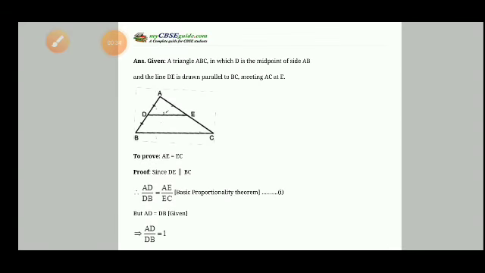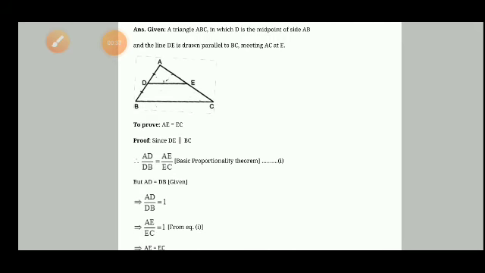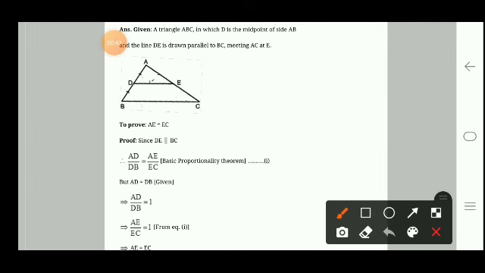Now, in triangle ABC in which D is the midpoint of the side AB and DE is parallel to BC, meeting AC at point E, to prove that AE is equal to EC. Since DE is parallel to BC, it is given, so we have AD over DB is equal to AE over EC.